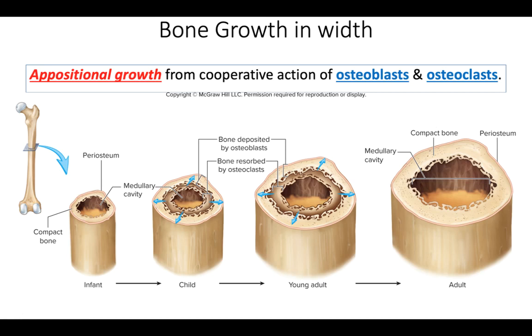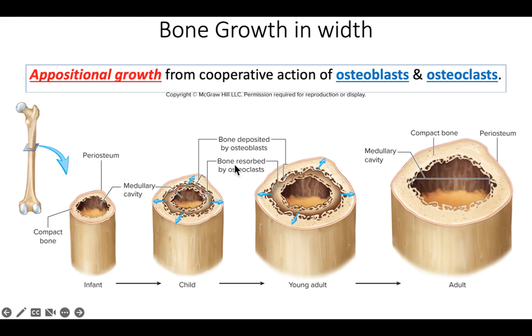Growth in width is called appositional growth. And this is basically making the medullary cavity bigger by dissolving the inner surface using osteoclasts, but then building more bone on the outer surface with the osteoblasts. So notice here's an infant's bone. The diameter is pretty small. Here we see that the cavity is getting bigger.